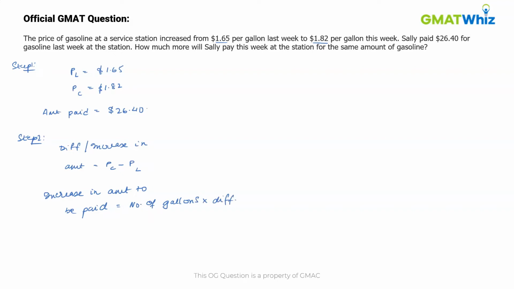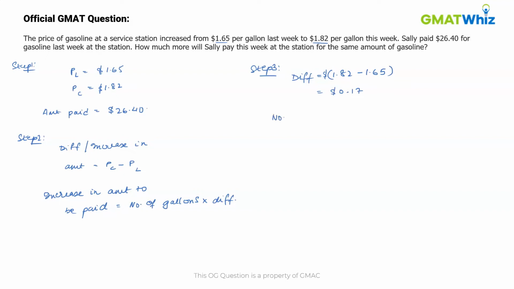Now let's calculate the values in step 3. So first the difference will be equal to 1.82 minus $1.65. This will result in $0.17.